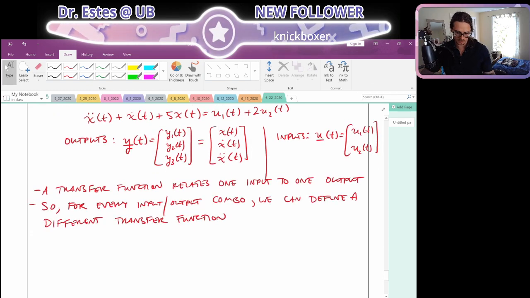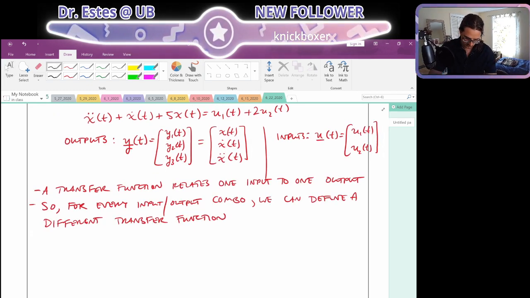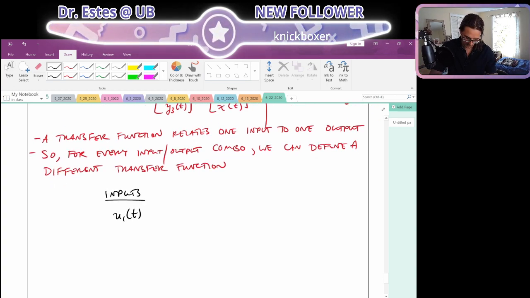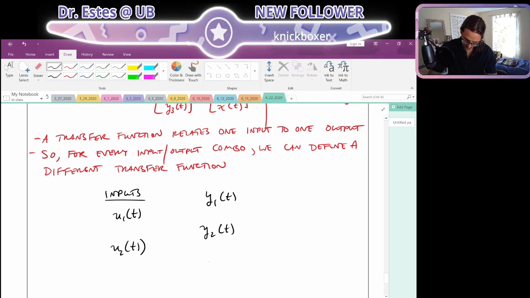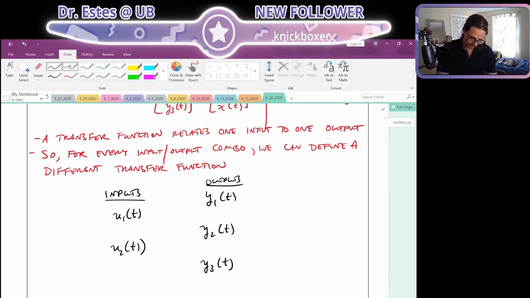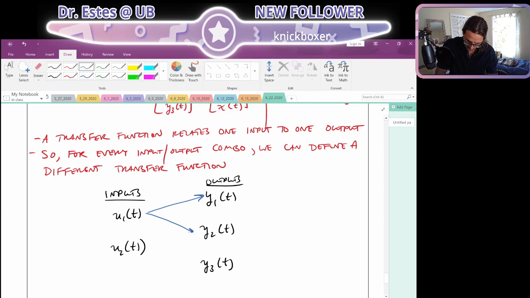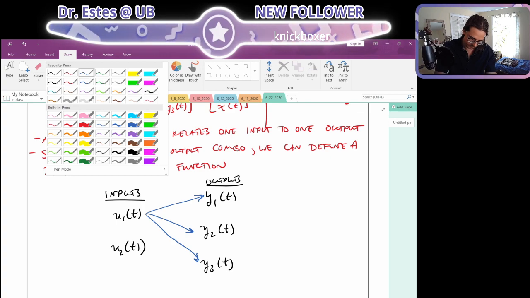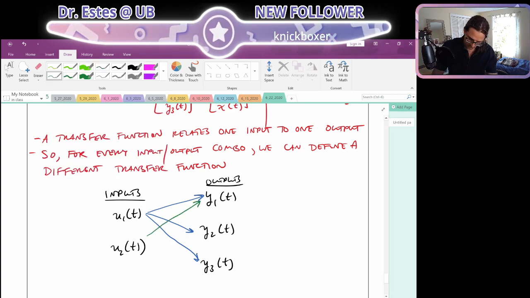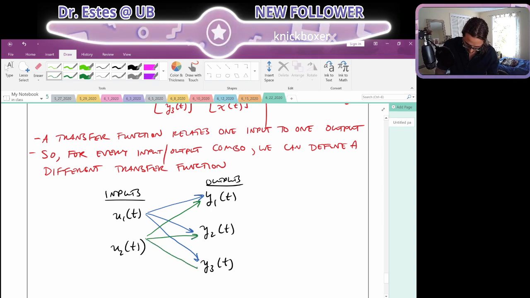One way to visualize it: you have your inputs, you have your outputs, and so you can do 1 transfer function, 2 transfer functions, 3 transfer functions, 4, 5, and 6.